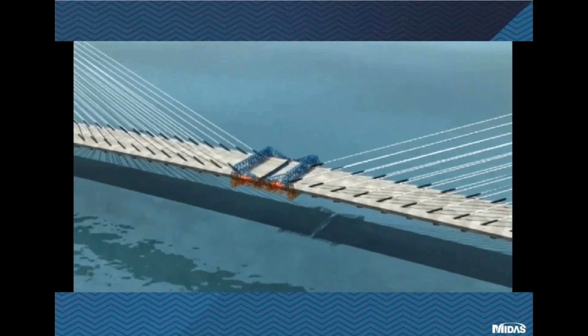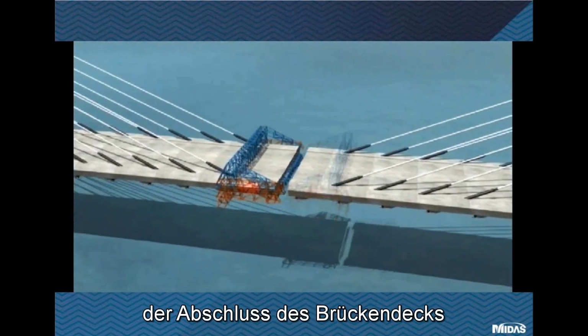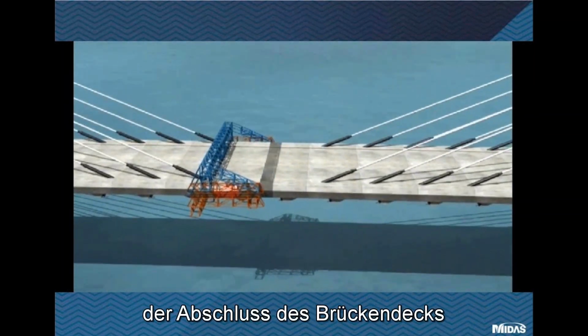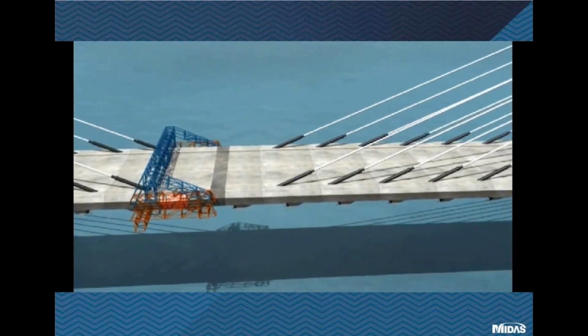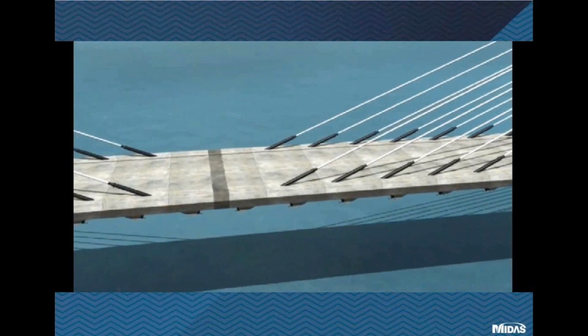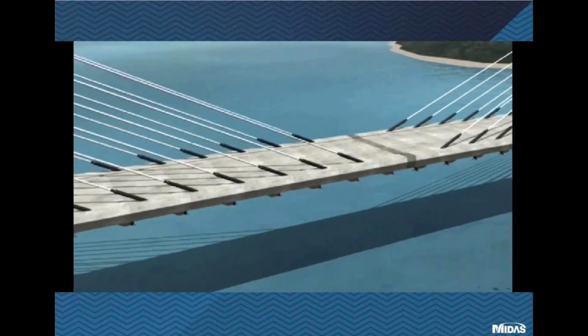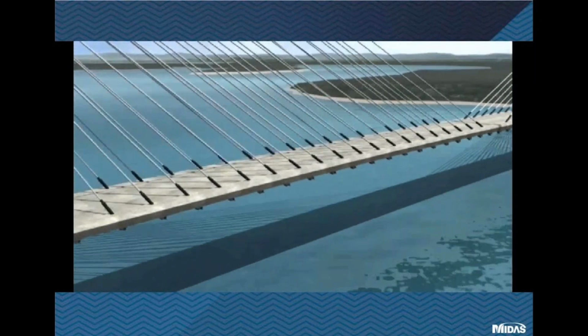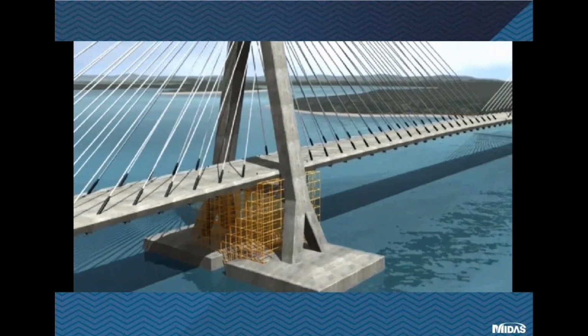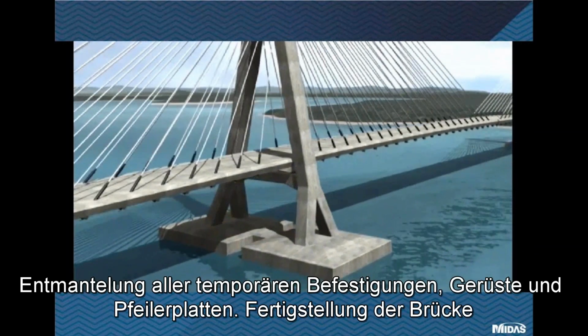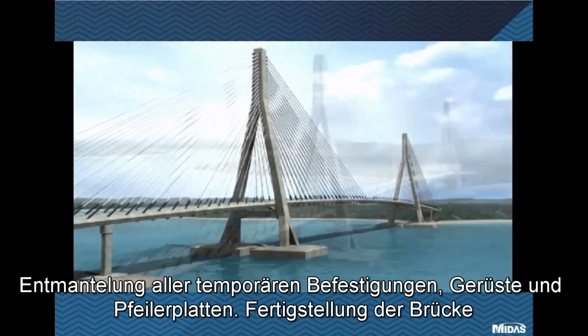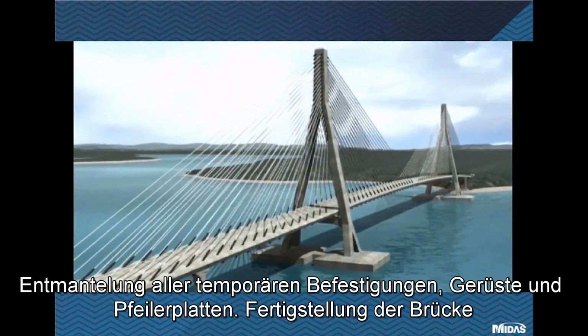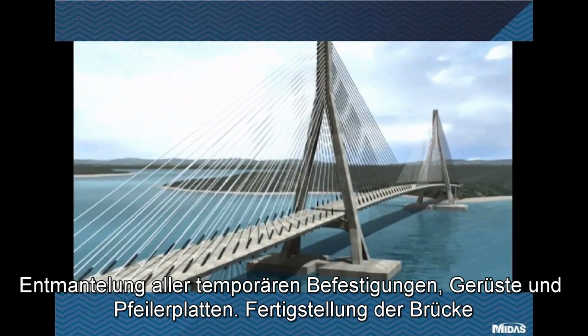Final closure of the bridge deck. Then dismantling of all temporary fixities and also dismantling of scaffolding under the pier tables. Now the bridge is finished of construction.